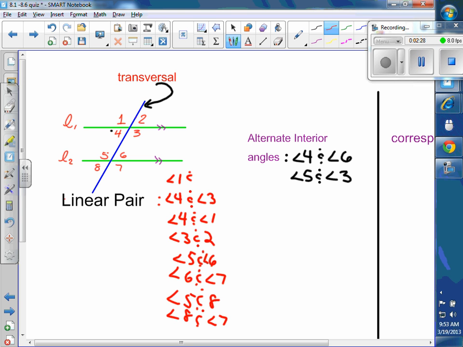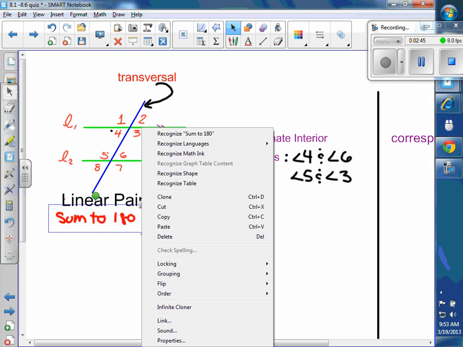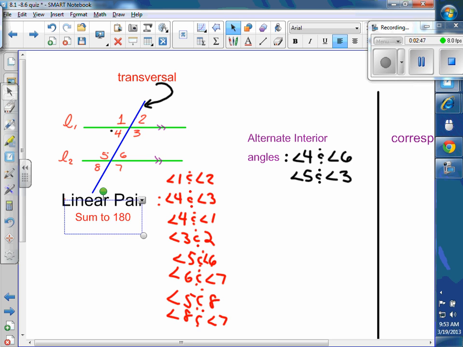Angle 1 and 2. Okay, so linear pairs, the key is they sum to what? 180. That's the key to linear pairs, that they sum to 180 degrees. They're not only adjacent, but they form a line.